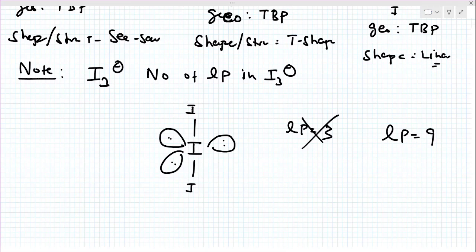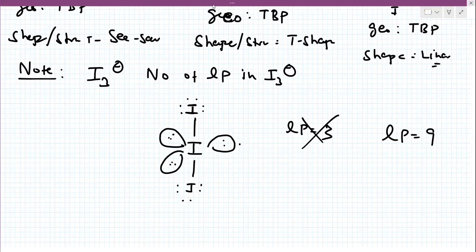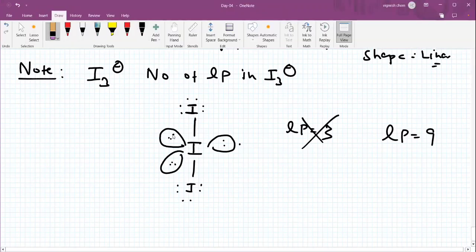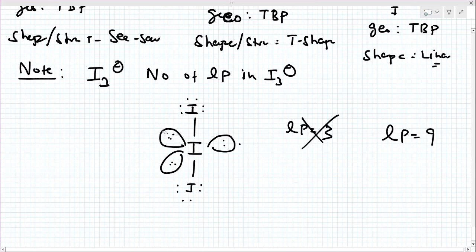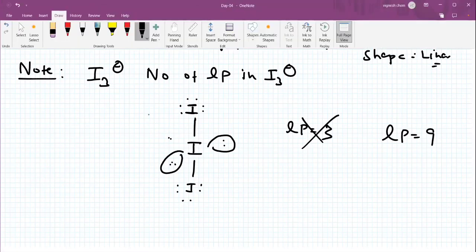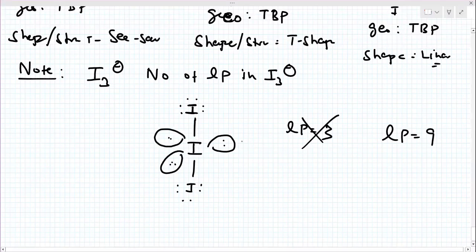Now listen. This iodine has 7 valence electrons, only one involved in bonding. The other iodines have 2, 6, 7. In the exam, they ask for lone pairs in I3 minus: 1, 2, 3, 4, 5, 6, 7, 8, 9.